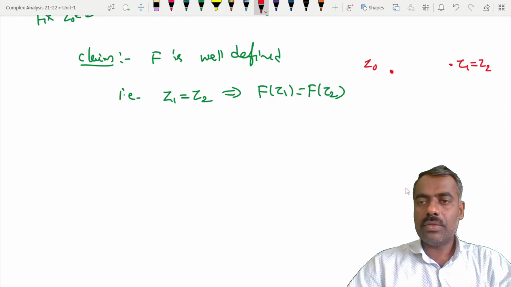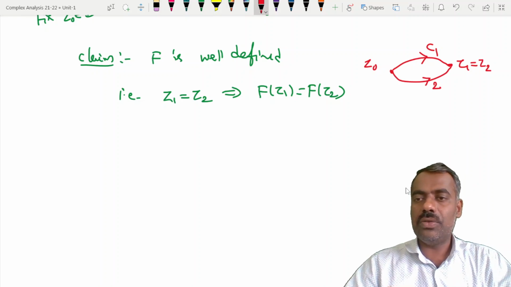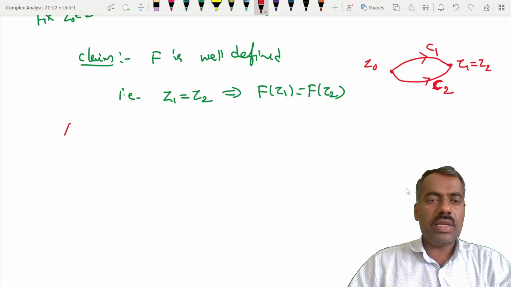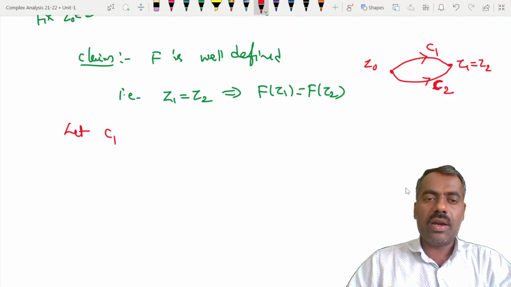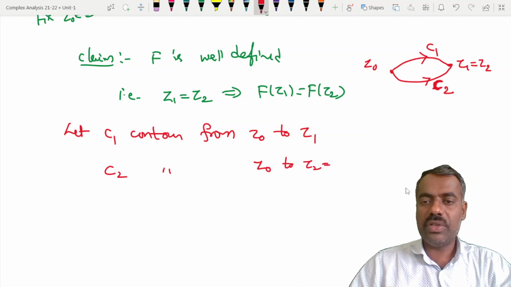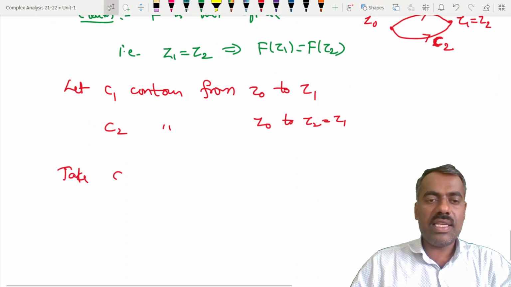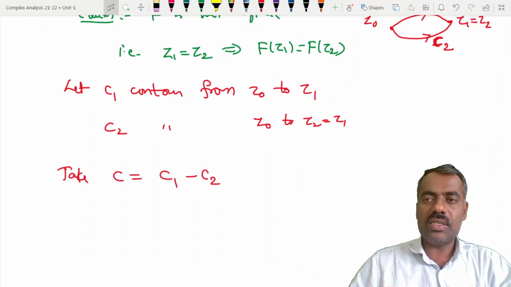So suppose C1 is a contour from Z0 to Z1, and the other one is C2, a contour from Z0 to Z2, which is the same as Z. Then consider C as C1 minus C2.